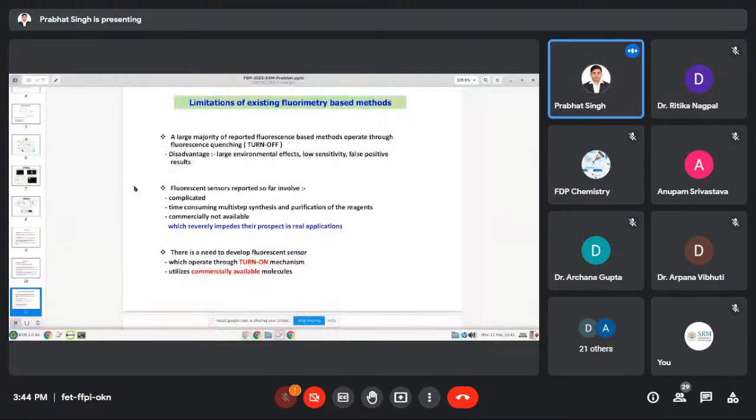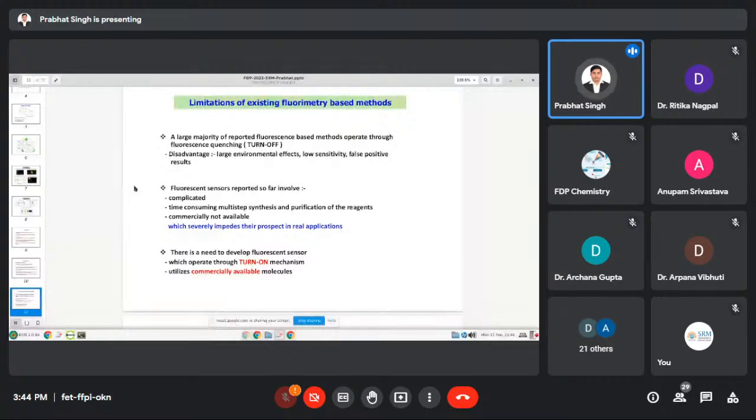But if you can find a commercially available molecule with reasonable accuracy, selectivity and sensitivity, then it can severely impact its prospects in real application. So if you can have a molecule from the established base in the literature and which is commercially available, that will really be an advantage.